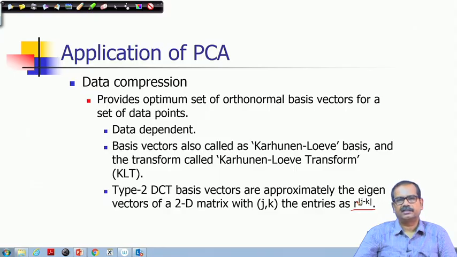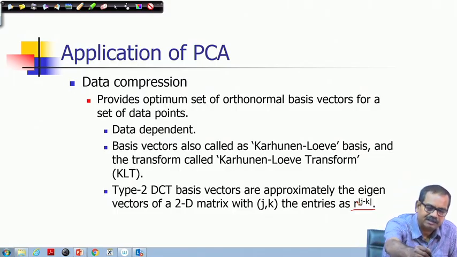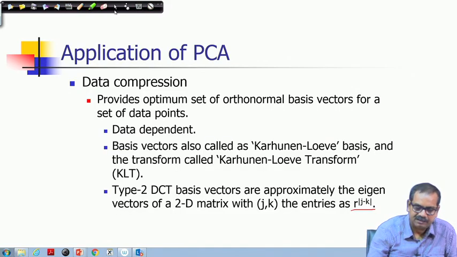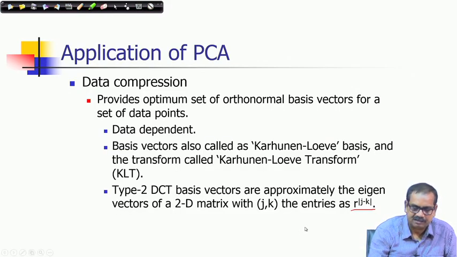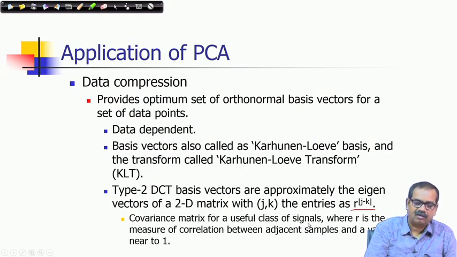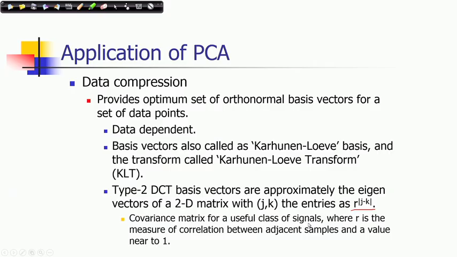So, you have less correlation, but for adjacent samples it is expected that they should be very highly correlated. With this kind of data, it has been shown that the eigenvectors are almost similar to the type 2 DCT basis vectors, and that is why type 2 DCT is so efficient for representing a large class of signals and images.